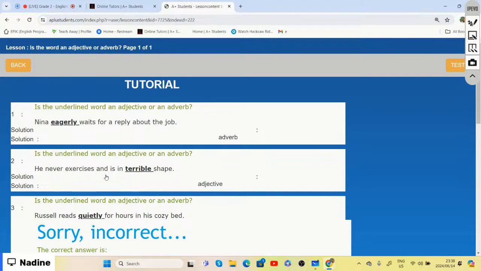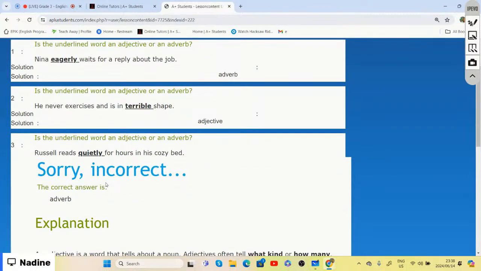All right. And then it says, Russell reads quietly for hours in his cozy bed. If you look at the word quietly, is quietly an adjective or is it an adverb?